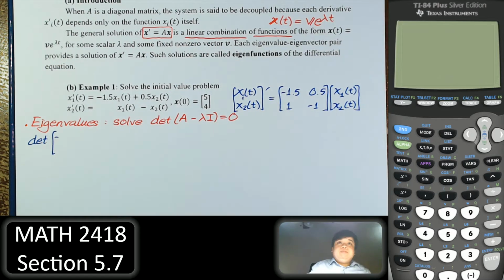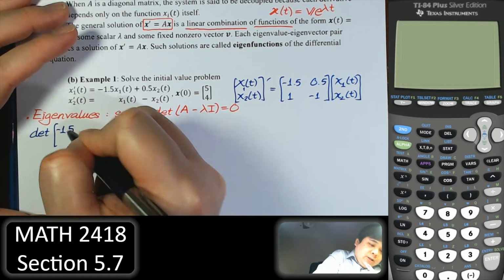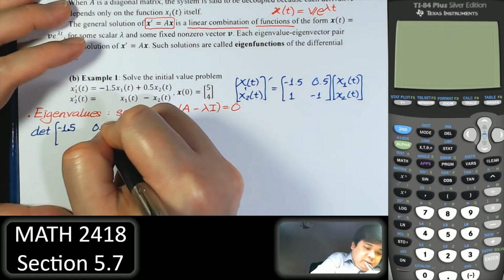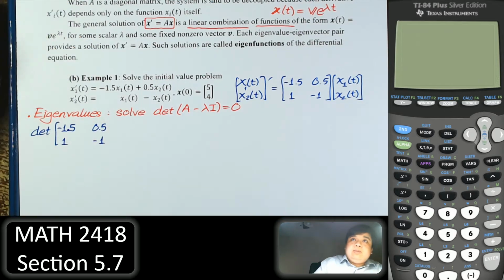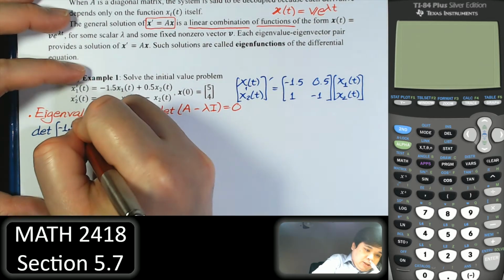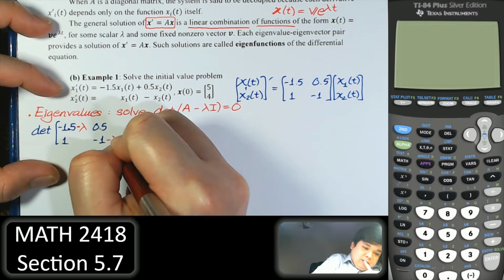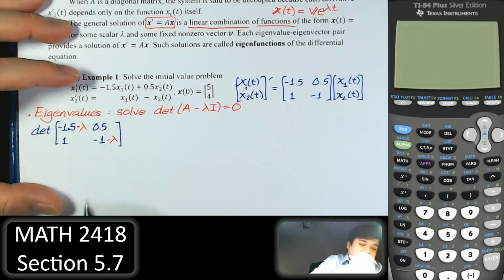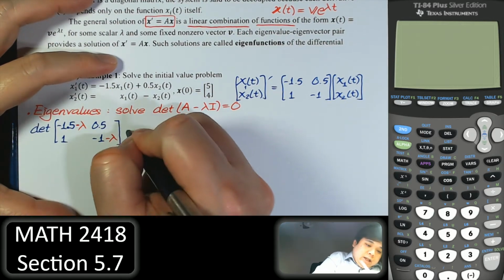So in that form, the determinant of the matrix with -1.5 minus lambda, 0.5, 1, and -1 minus lambda, equal to 0.